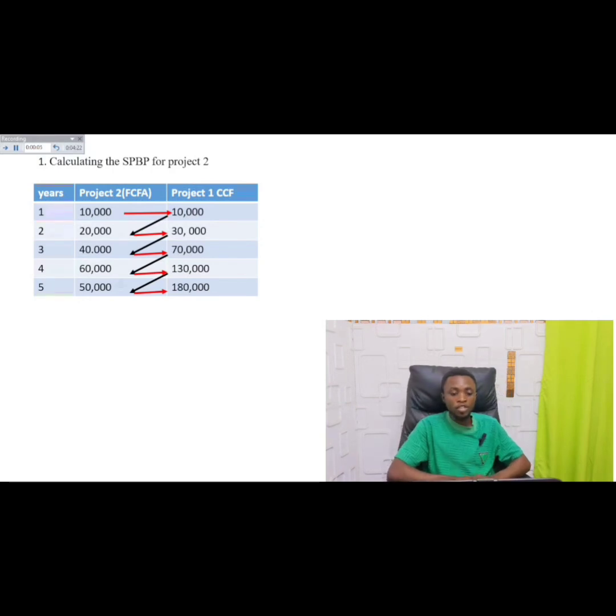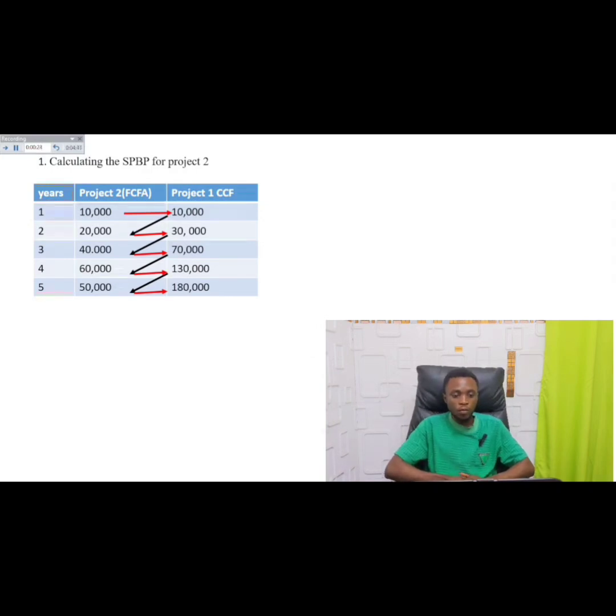Now remember, our initial cost outlay is 90,000 francs. With Project 1, we easily got our simple payback period, because the accumulated cash flow matched the initial cost of capital exactly at year 3.